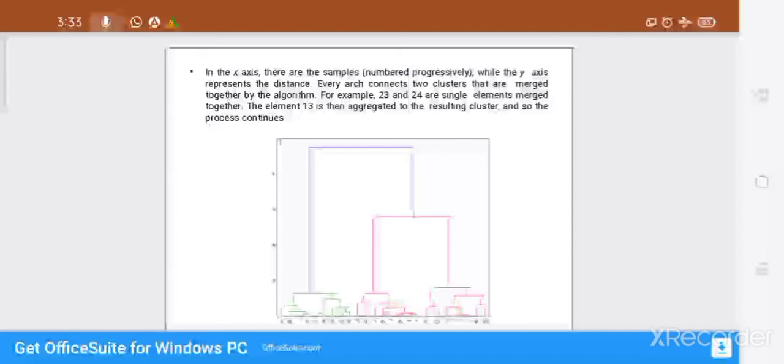For example, 23 and 24 are single elements merged together. The element 13 is then aggregated to the resulting cluster, and so the process continues.